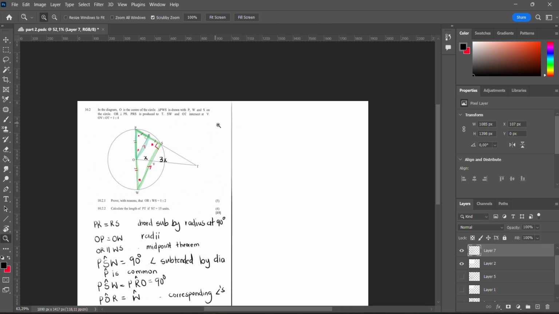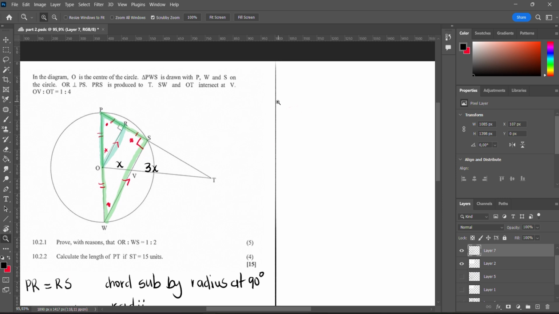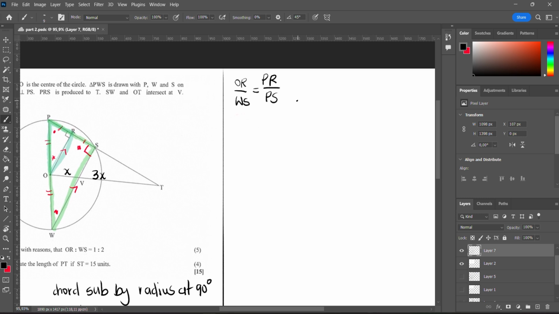And now you can say, okay, OR over WS equals PR over PS, and this is proportionality.